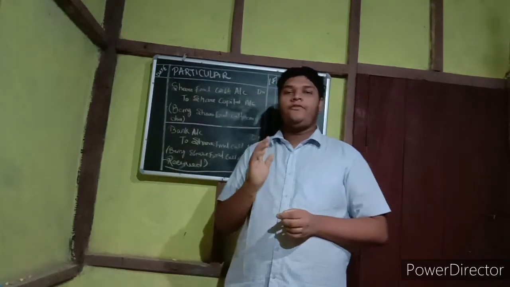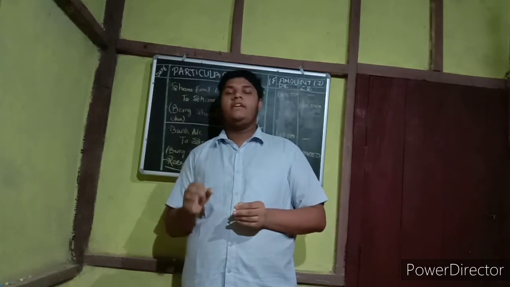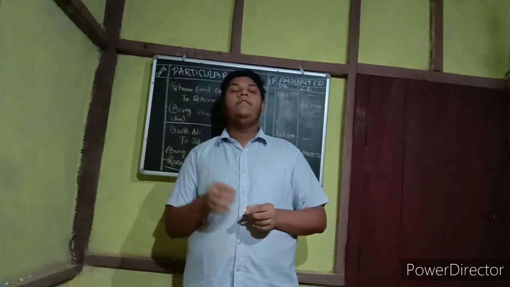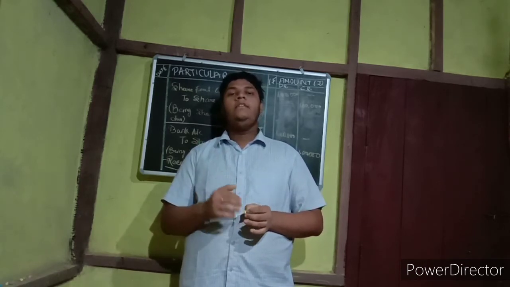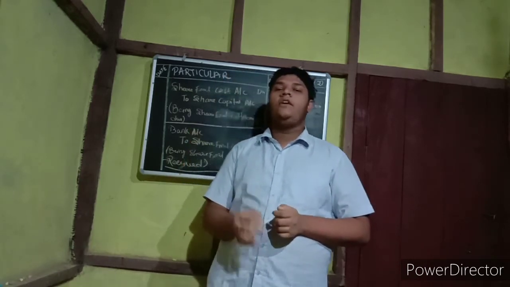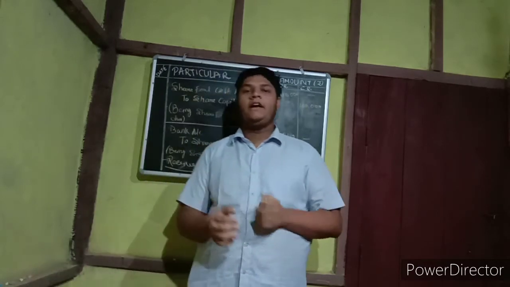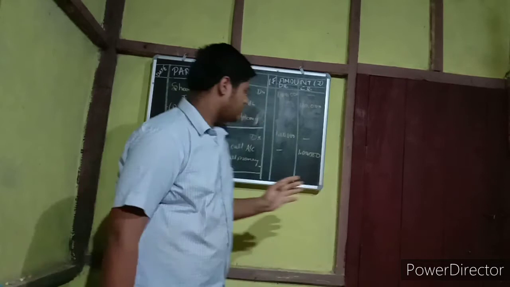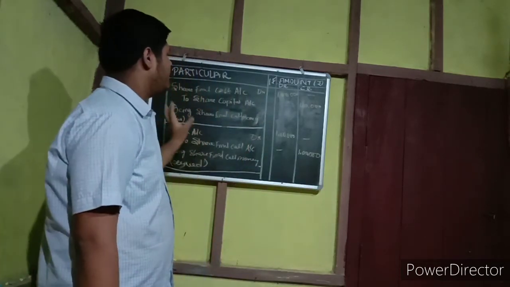Then we move to the first call or final call, the same: share first call account debit to share capital account, then bank account debit to share first call account, then share final call account debit to share capital account, then bank account debit to share final call account. So this is the overall entry from chapter 7.